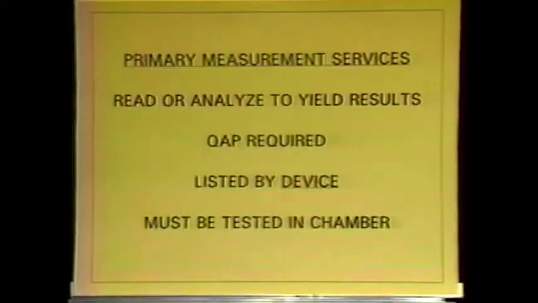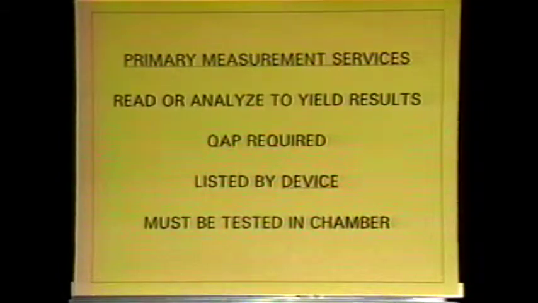There are two kinds of measurement services that are allowed into the EPA RMP program. The first one is called the primary measurement service, as opposed to the secondary measurement service. And what distinguishes them is that in the primary measurement service, those individuals or companies that read or analyze measurements and yield results are called primaries.